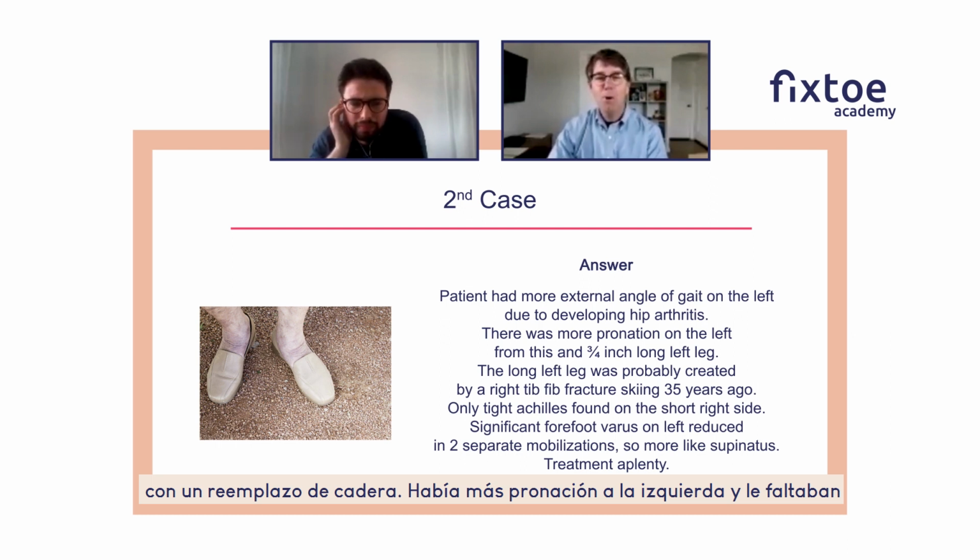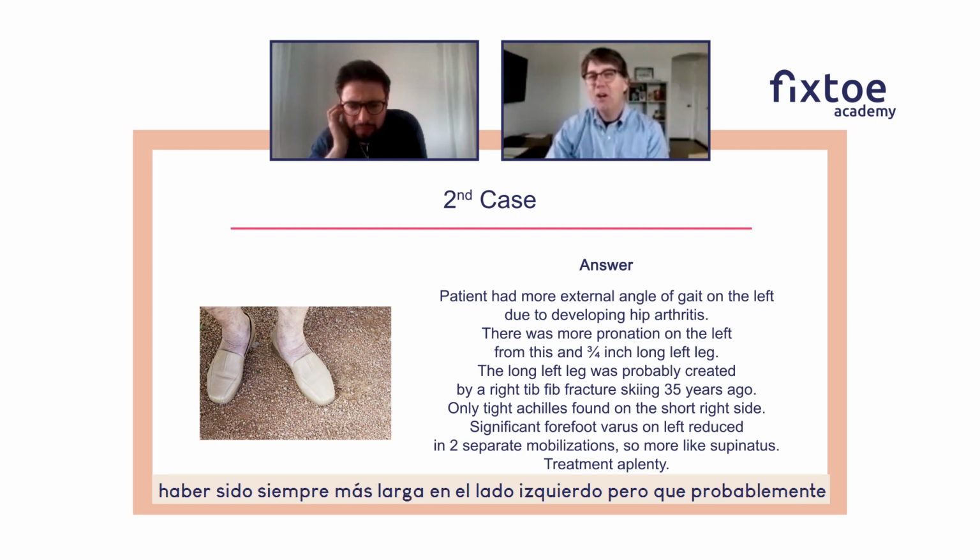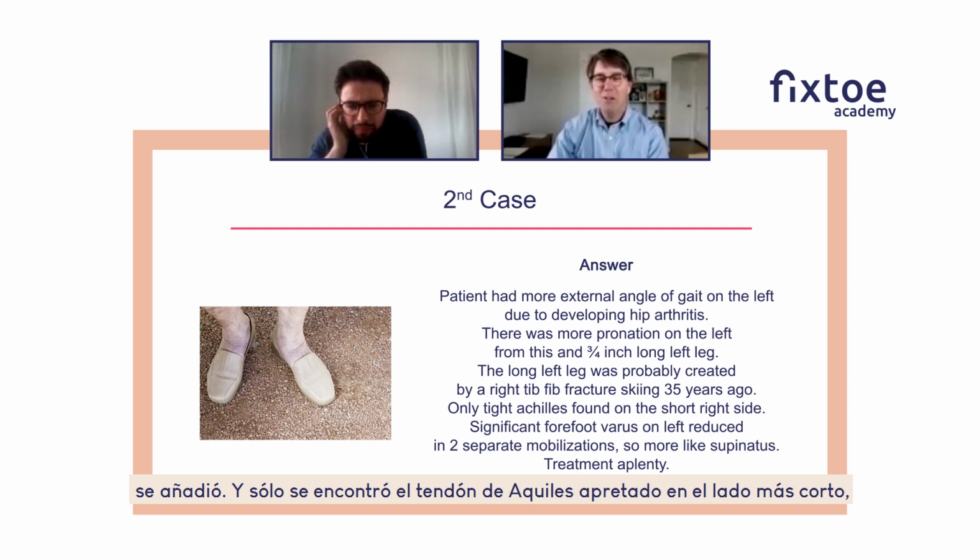There was more pronation on the left, and it was 3/4 of an inch long on the left side, but short on the right side, and that was due to an old skiing injury where they had a tib-fib fracture 35 years ago on the right side. It could have always been longer on the left, but that probably added to it.